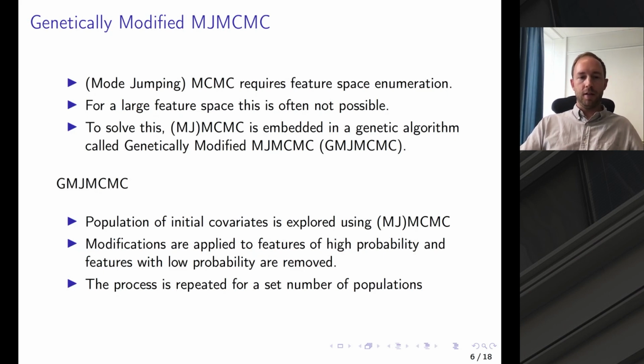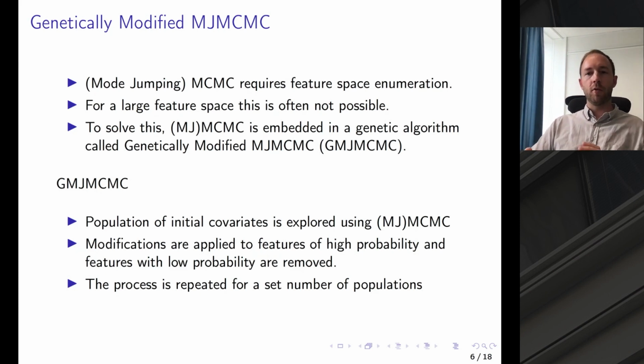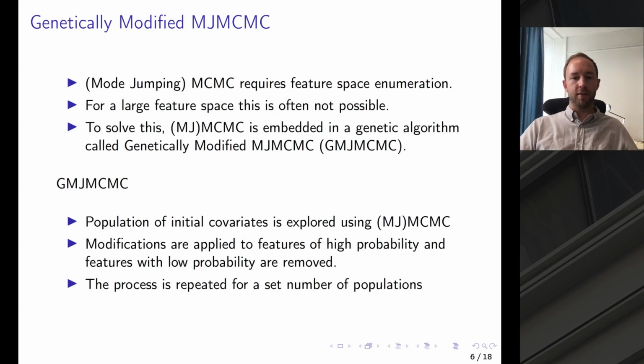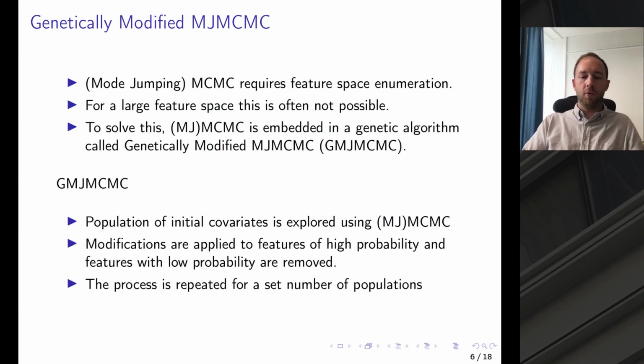And then the genetically modified part comes in, where we take this population of features that we have and features of high probability we apply modifications to, and features with low probability are removed from the population, thus generating a new population. And this process is repeated for a set number of populations, and it's also usually run with many threads in parallel to thoroughly explore the feature space.